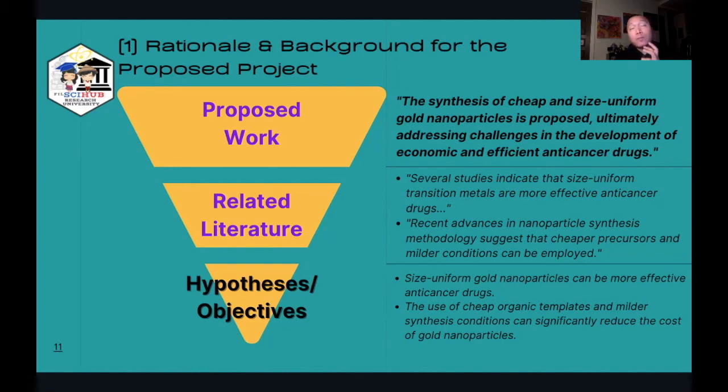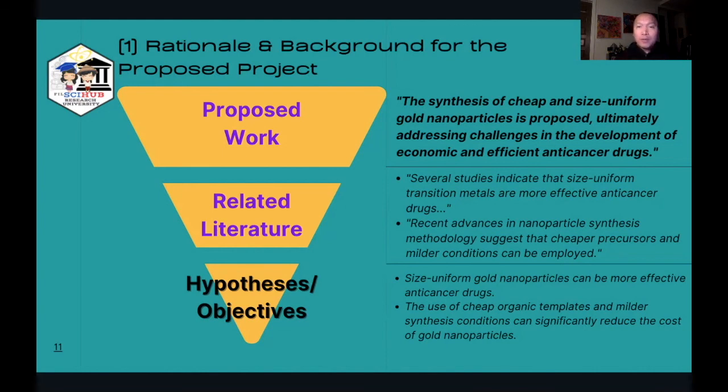Size uniform gold nanoparticles can be more effective anti-cancer drugs. And the second statement could be, the use of cheap organic templates and milder conditions can significantly reduce the cost of gold nanoparticles. These hypotheses are again the basis of your research objectives, what you really are intending to do, what you intend to work on in the laboratory, what you intend to acquire data as proofs for.